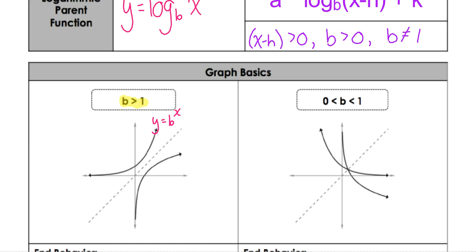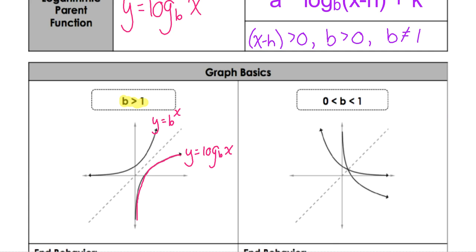For a b value greater than 1, when it was an exponential function, that's where it's exponential growth. So the inverse function of that, which we're going to explore more in a second, is this one down here. This is the parent function, log base b of x, for b values that are greater than 1.